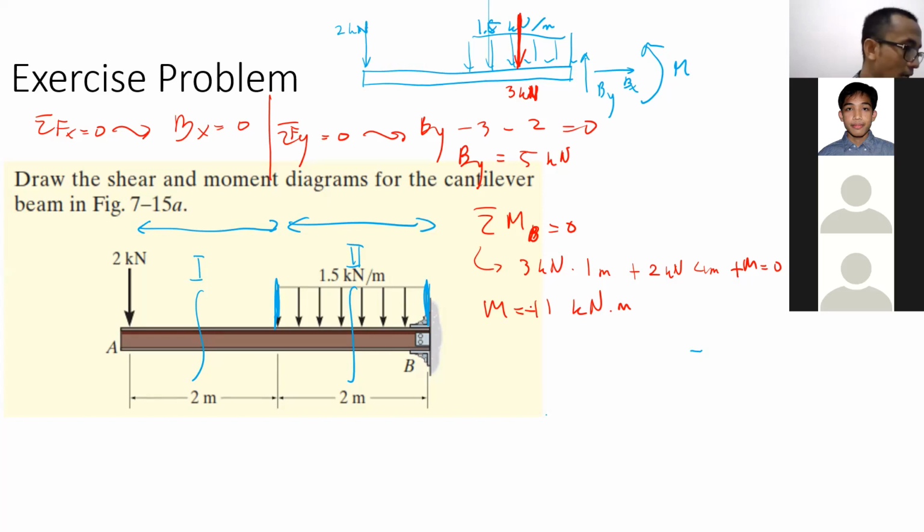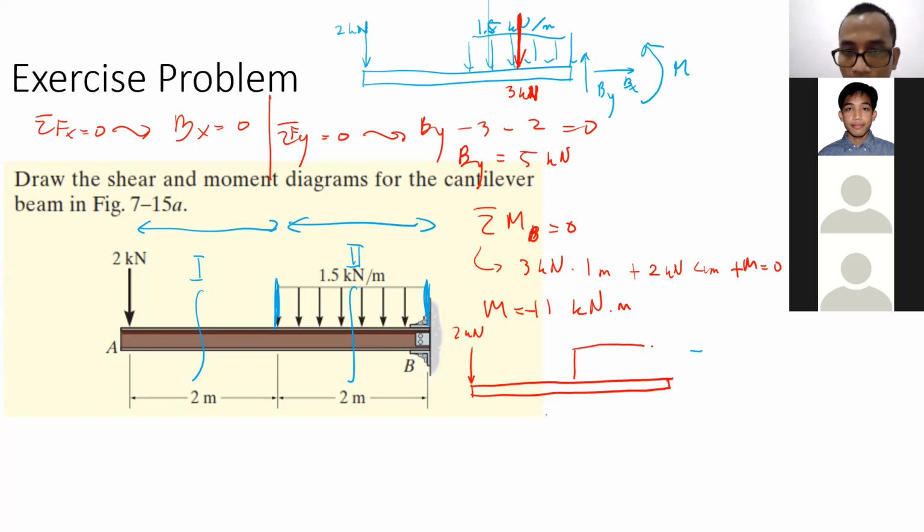So if we have to draw again, this is our final free body diagram. We have 2 kilonewton. Then we have a constant distributed force 1.5 kilonewton per meter, and at P we have By 5 kilonewton, and we have a moment clockwise 11 kilonewton meter.